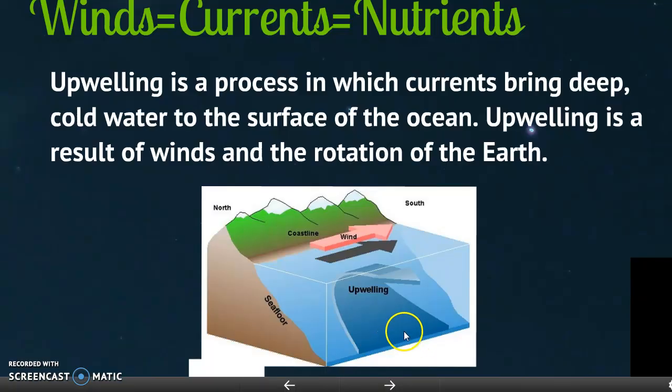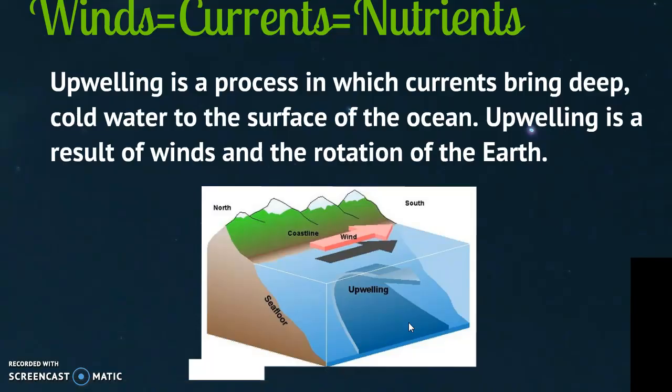Well, if you think about it, we've been talking about how water flows from land through the estuaries into the ocean. One of the things that leaves the land during the rain and storms is nutrients. And nutrients are things plants need.